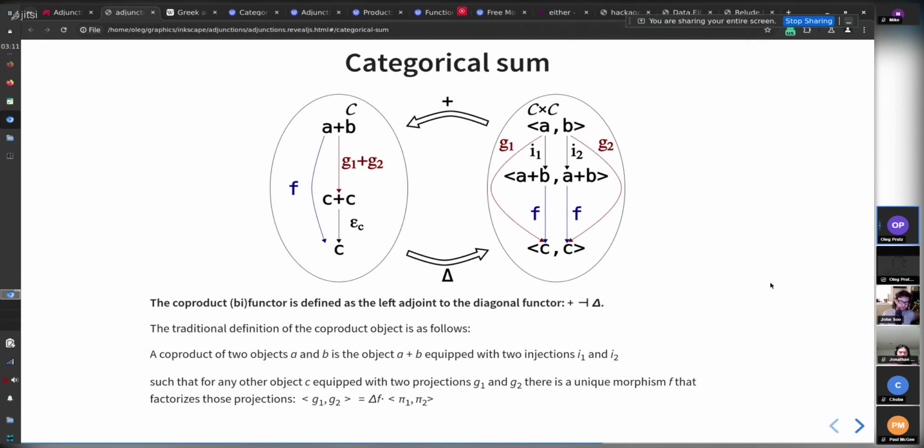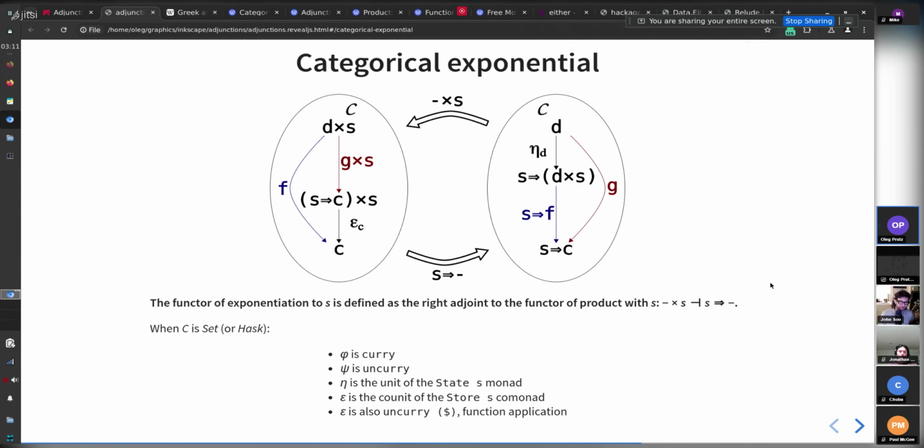Okay, so exponentials. Now we need the same category, both on the left and on the right. And we also need this category to be Cartesian first, because we are about to use the product.